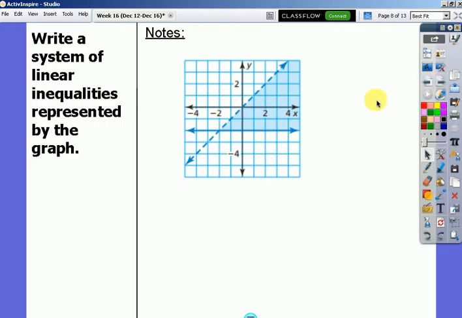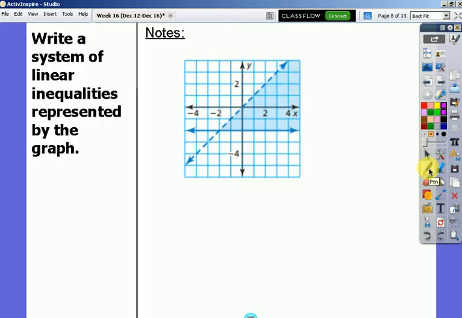So take a few moments to pause this video if you're gone and copy that into your notes. Okay, so what I like to do to tackle this question is, again, come up with the equations first and then write those as inequalities. It just helps me.